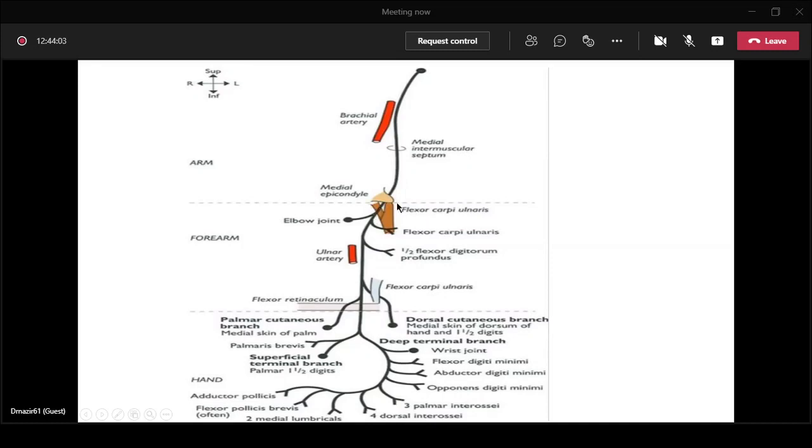It gives various muscular and articular branches, and its main distribution is in the hand. This is the flow chart and diagrammatic representation of the supply by the ulnar nerve.